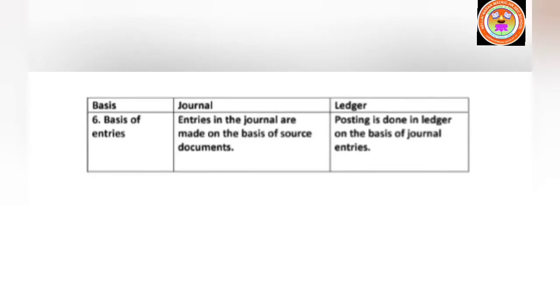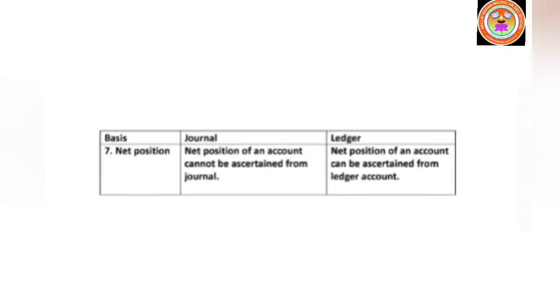Basis of entries: entries in the journal are made on the basis of source documents. Posting is done in the ledger on the basis of journal entries. Net position: the net position of an account cannot be ascertained from the journal. The net position of an account can be ascertained from the ledger account.